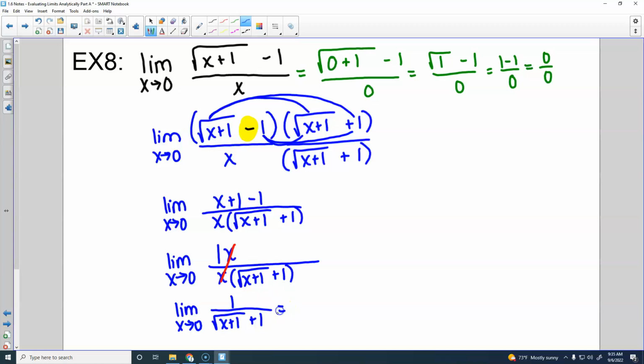So now we're going to do direct substitution. It is at this point that we drop our limit notation. So we're going to have 1 over the square root of 0 plus 1 plus 1, which is 1 over square root of 1 plus 1, and that's just going to give us 1/2. That'll be our answer here.